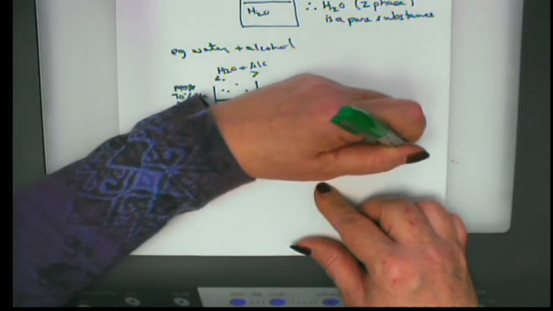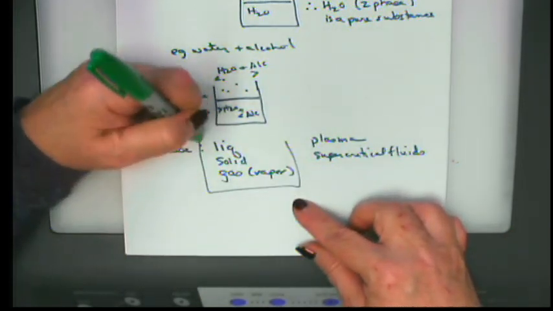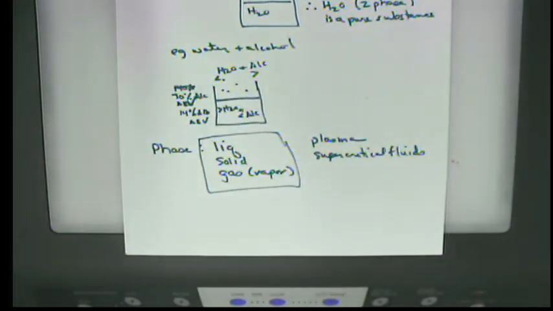But in general, in this class, when we talk about phase, we'll be talking about solids, liquids, and gases. Sometimes there will be more than one solid phase of a material, more than one gaseous phase, more than one liquid phase.